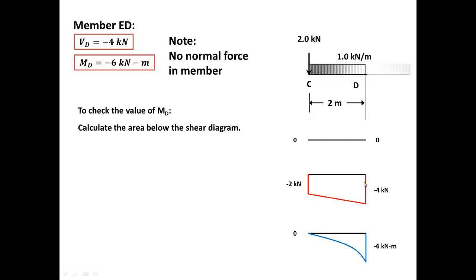If we calculate the area of the shape and we get 6, that means our procedure is correct. What is the area of this? It's 2 plus 4 over 2, taking the average, then multiplying by this distance, which is 2. So 2 plus 4, taking the average, multiplied by 2 is 6. So we are right.